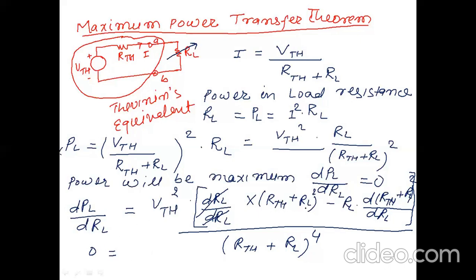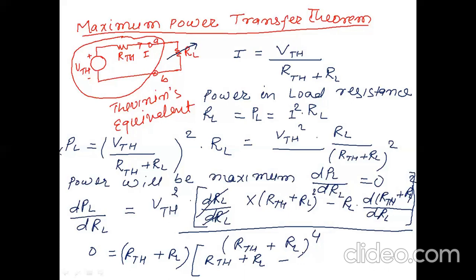And here RTH plus RL is common on both sides, so taking it common, here RTH plus RL, and here minus this differentiation, 2 will come here, and 1 already, as RTH is taken common.